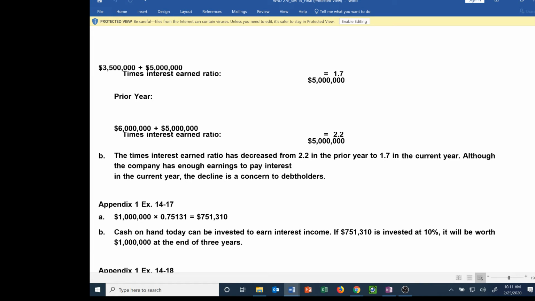Find that decimal and multiply it by 200,000. What you got?